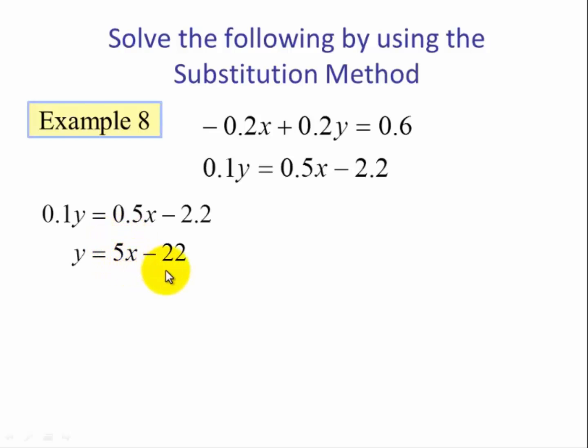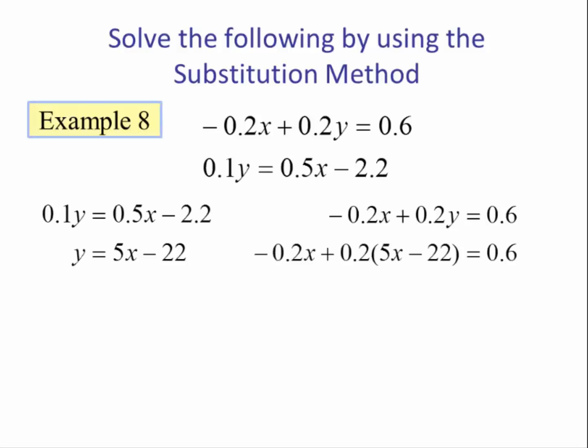So now I'm going to take that expression and substitute it in the first equation for y. So we have -0.2x plus 0.2y equals 0.6. Making the substitution and using the distributive property, we now have -0.2x plus 1x minus 4.4, and that equals 0.6.